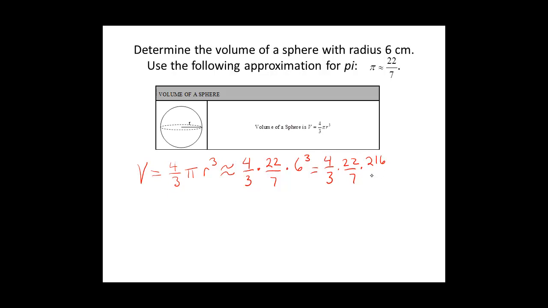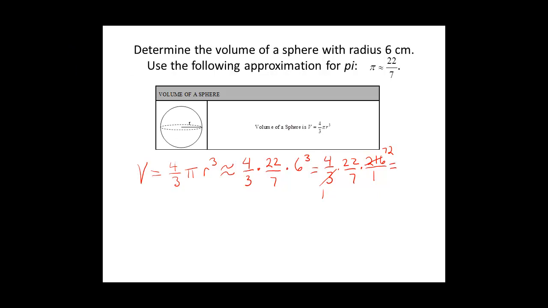And we will write that over 1 because we're multiplying fractions. We can divide out a 3 in this numerator and a 3 in this denominator. So let's do that. 3 divided by 3 is 1, and 216 divided by 3 is equal to 72.